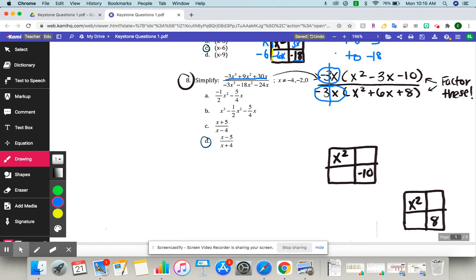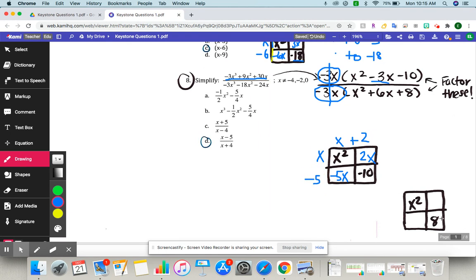So looking at factoring this first one, we have to add to negative 3x and multiply to negative 10. So that would be negative 5x and positive 2x, making our factors x plus 2 and x minus 5.